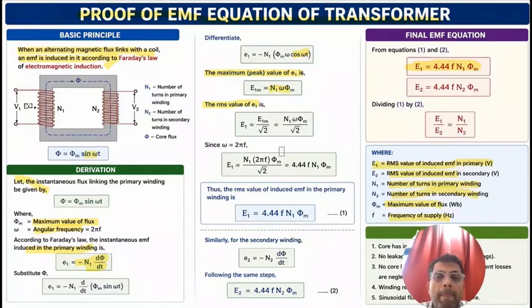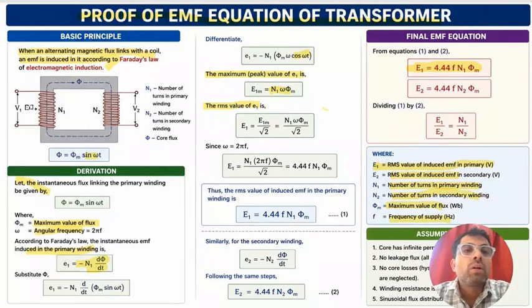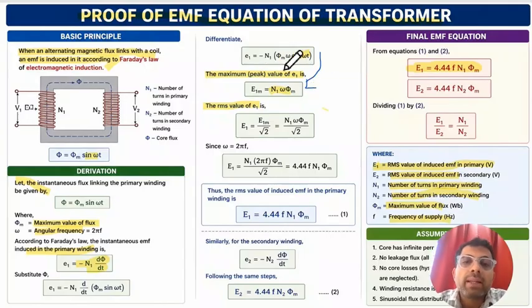Now many students may be confused about how this term came. My equation was E1 equals minus N1 phi m omega cos omega t. What is important here is the maximum peak value of E1. When do we get the maximum peak value?